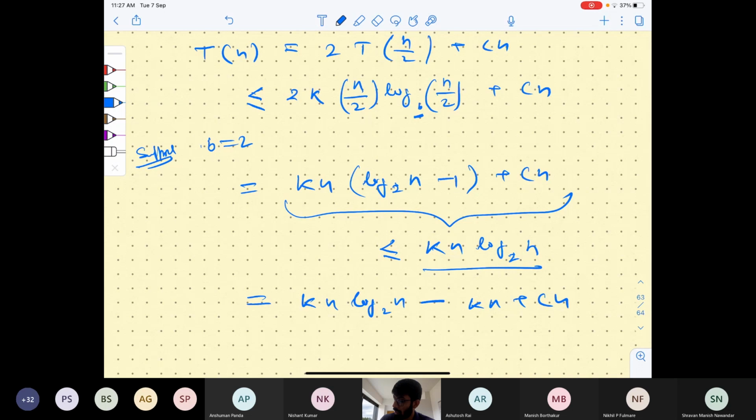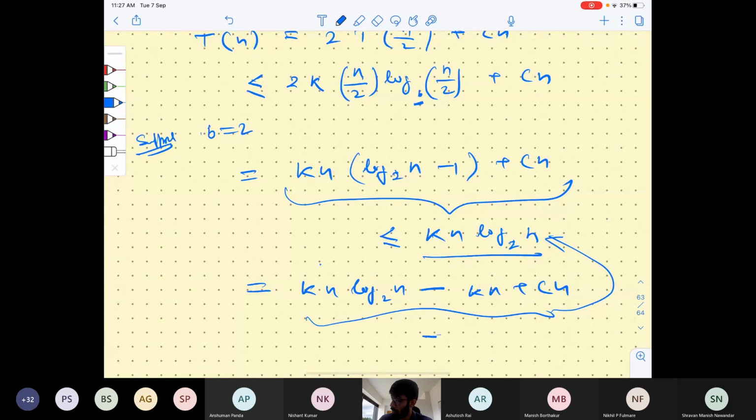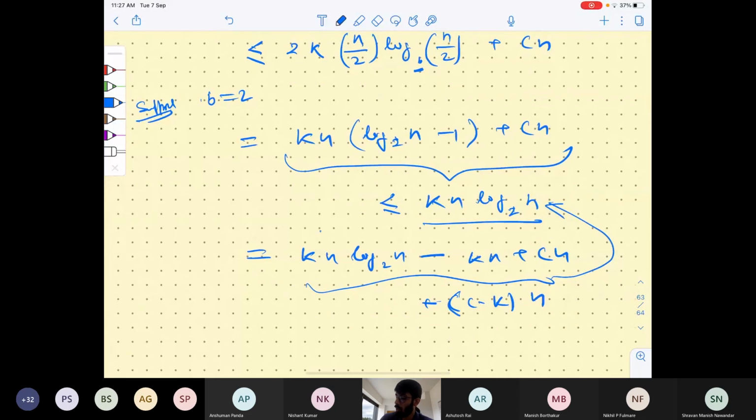And I want to show this whole thing to be, as I said, less than or equal to this. So you can say that this is plus (c minus k) n. So what does that mean? What do we want this quantity to be now? What should this quantity be?